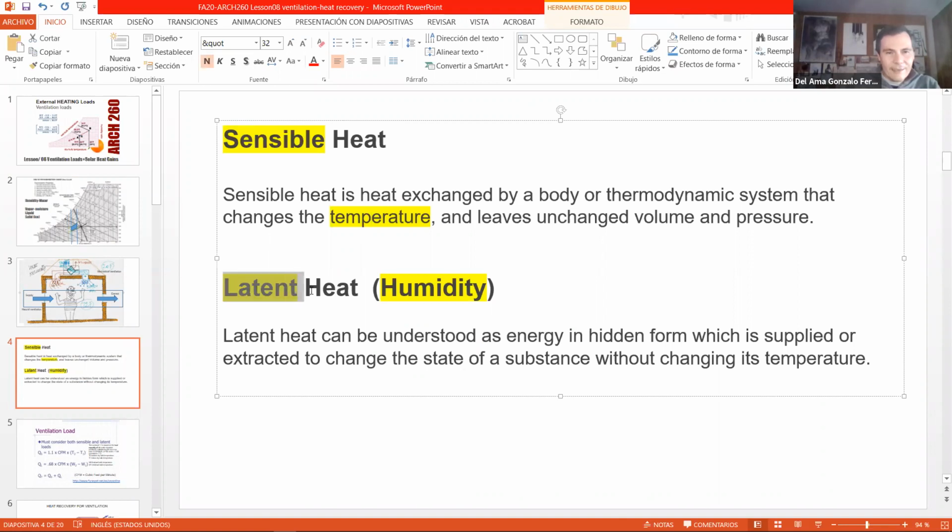The latent heat has to do with humidity. Okay, so when we want to turn water into water vapor, we are increasing the energy, and we are changing the latent heat.